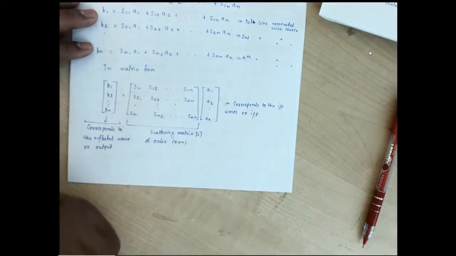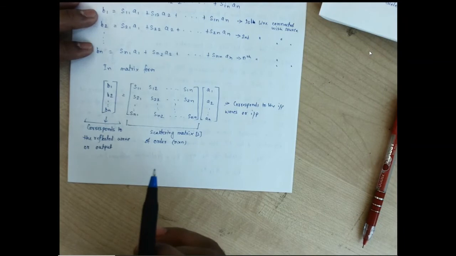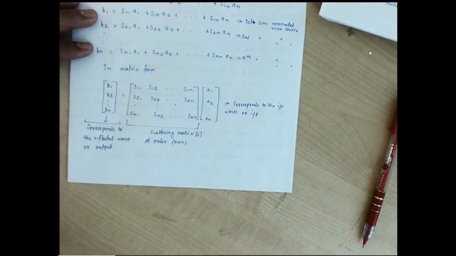This S12, S21, S13, S14, whatever it is, or S1n, they are known as transmission coefficient or insertion loss. Insertion loss means while it has been traveling from one port to another port, how much reflection is coming back to the source again.